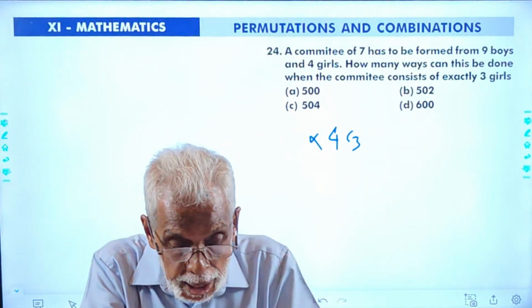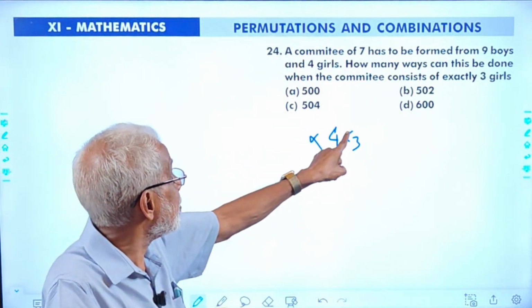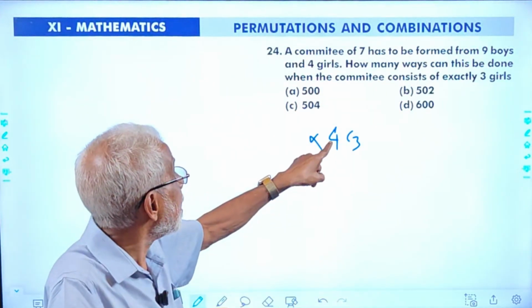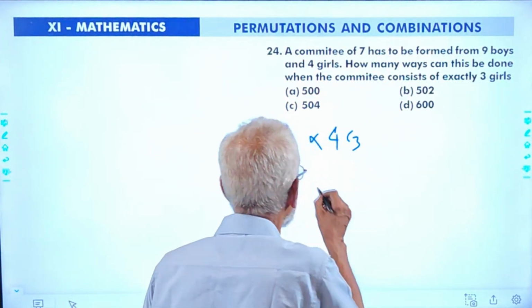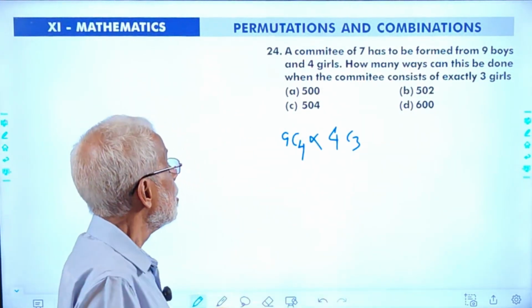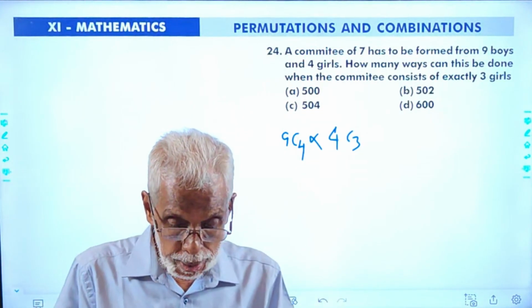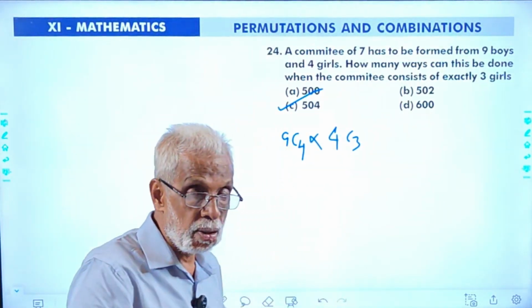And how many boys are there? The committee has to have 7 members. Therefore, we have to select 4 other members from the 9 boys. 9C4 into 4C3, which gives 504. Simplify, we get 504.